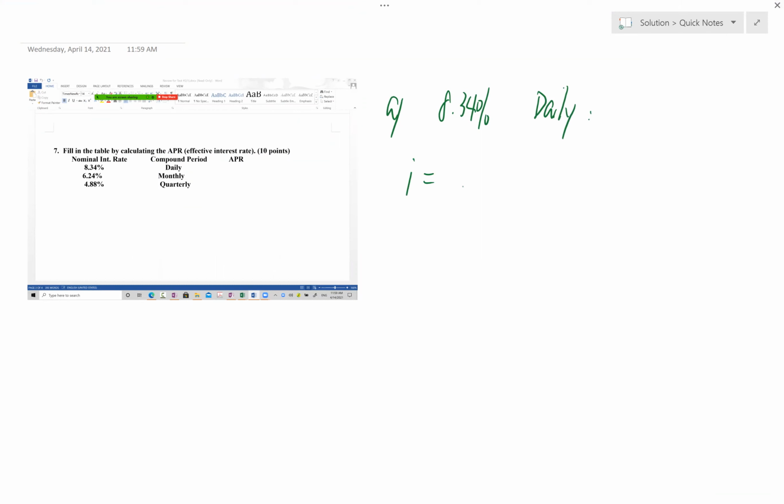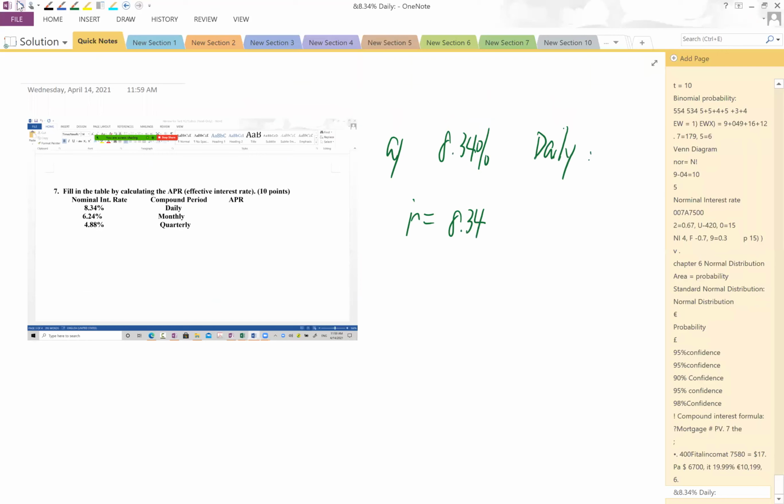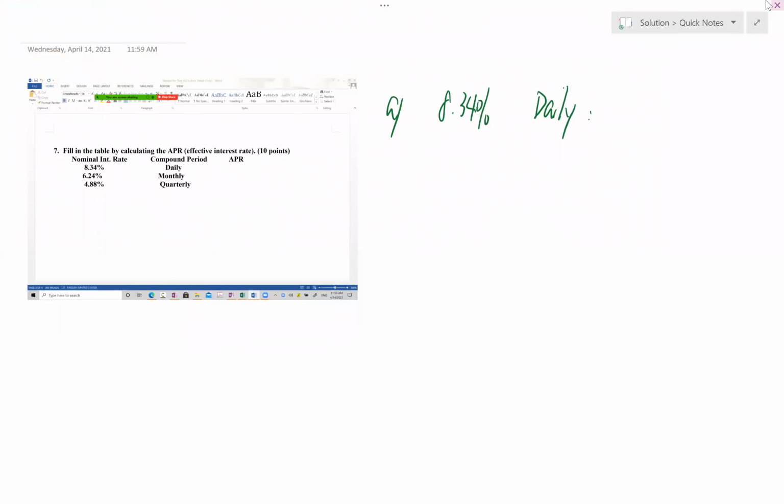Let's use R. So R is given. The formula is listed on the PowerPoint, and the rate is given as 8.34%, 0.0834, and time T is 1 year, right?